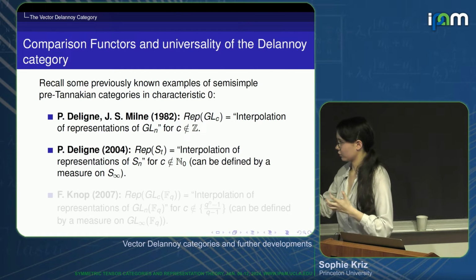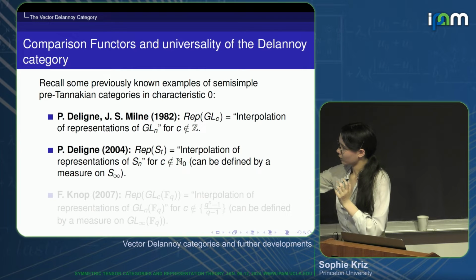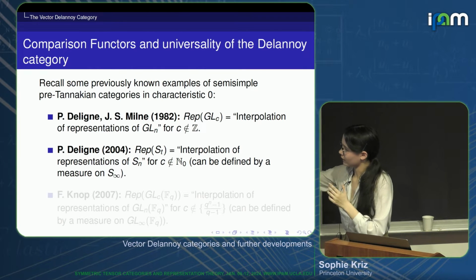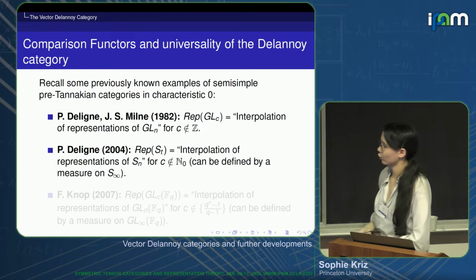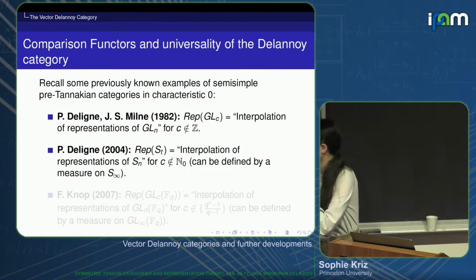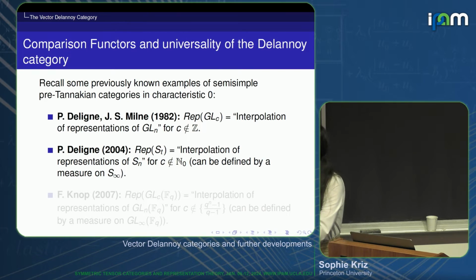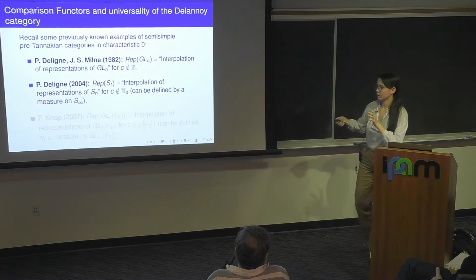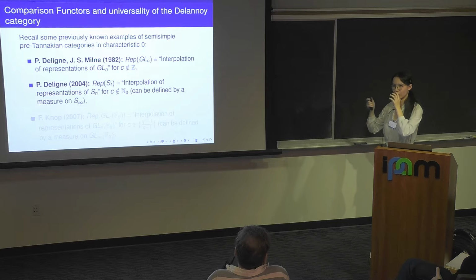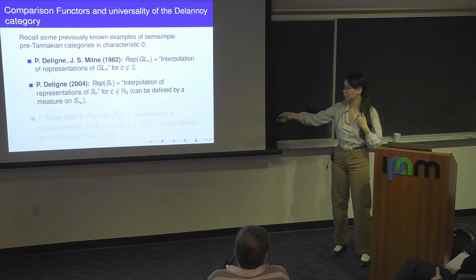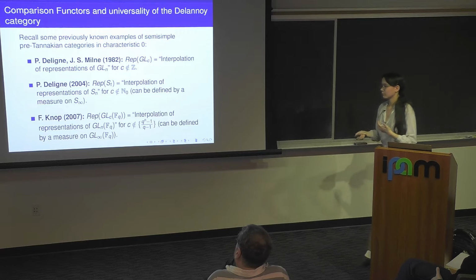In 2004, this is generalized by Pierre Deligne to the interpolated categories of representations of the symmetric group, where now the only values which we need to avoid are in the natural numbers and 0. And this is the motivational example for oligomorphic groups, because they can be defined by a measure on S infinity.